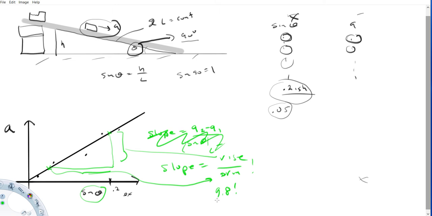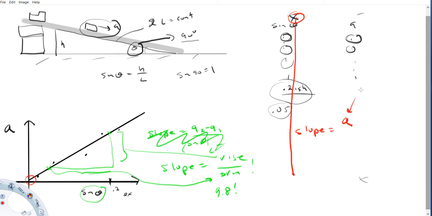Now, here's the projection part: how do we use that slope to find the free fall acceleration? Well, for the slope of a line, you should be able to use any 2 points. So imagine that we used this one and this one. Our rise here would be the acceleration at theta equals 90 degrees.